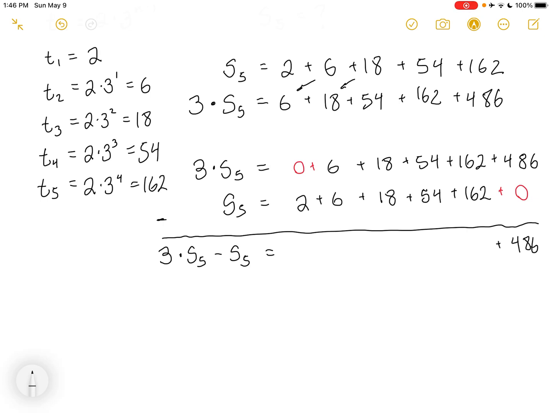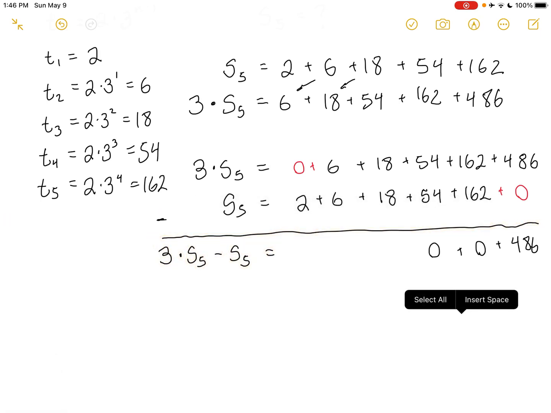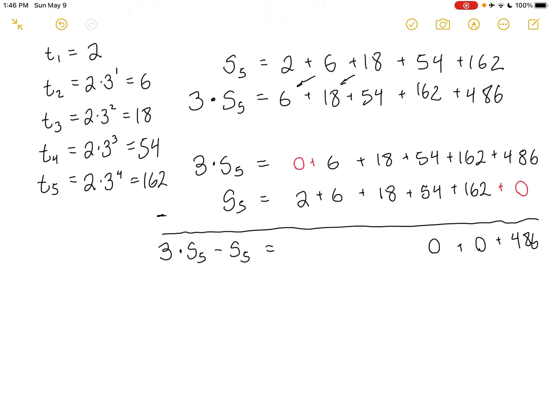Then 162 minus 162 is 0. 54 minus 54 is 0. 18 minus 18 is 0. 6 minus 6 is 0. And then 0 minus 2 is -2.